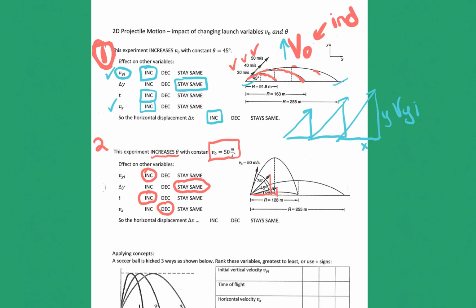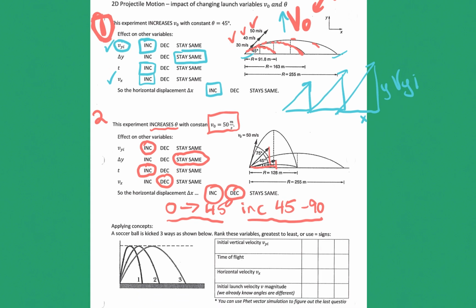The horizontal displacement is the one that you have to think about. As you go up from 0 degrees to 45 degrees, there's an increase. But once you get past 45 up to 90, the displacement starts to decrease. So we've got a split answer.